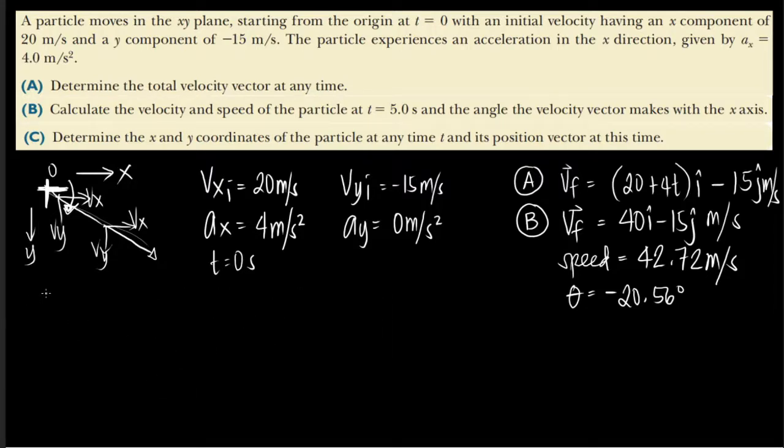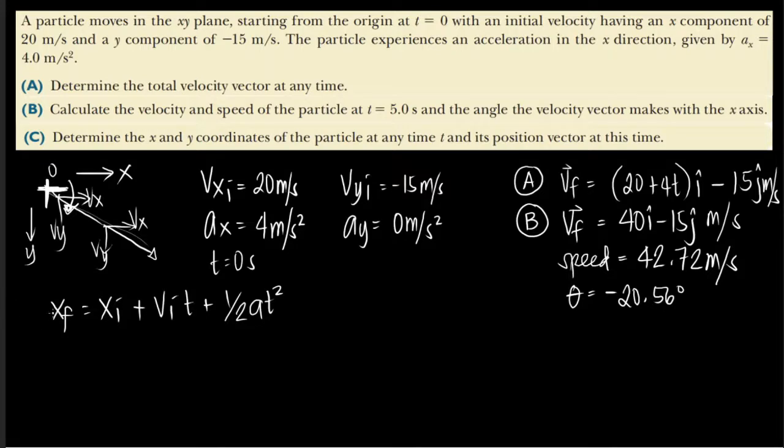Okay, so let's move on to letter C. The x and y coordinates of the particle at any time t. Look at your formulas and look for a formula for x final. The one that is very useful is x final equals x initial plus v initial t plus 1/2 a t squared. But this time we are talking about both x and y.